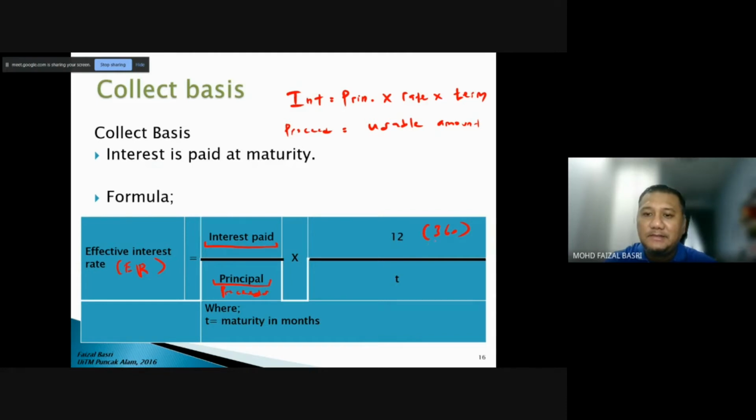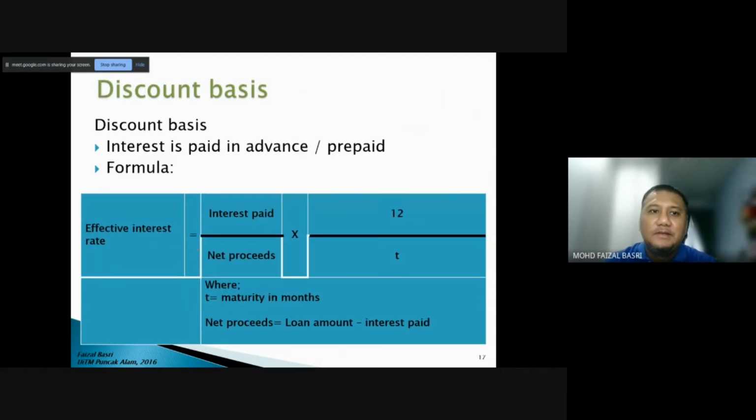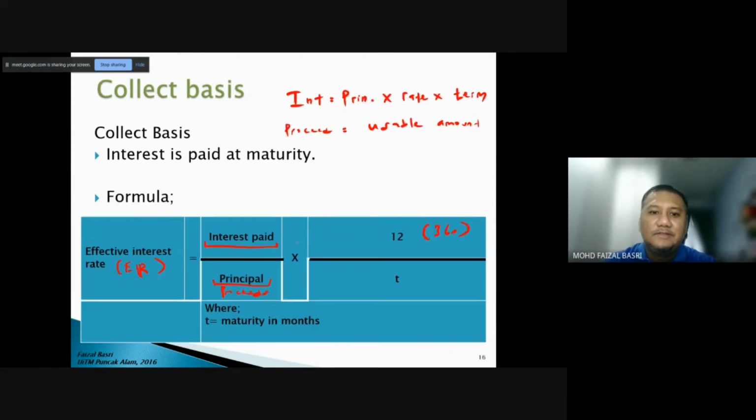Both can be used. So if you borrow for 3 months, it will be 12 divided by 3. If the maximum is 12 months, then 12 divided by 12 for 1 year. Then we can get our EIR. So you can see it's the same formula. Now we use the term proceeds here.